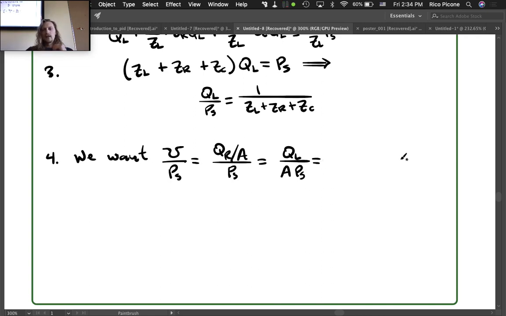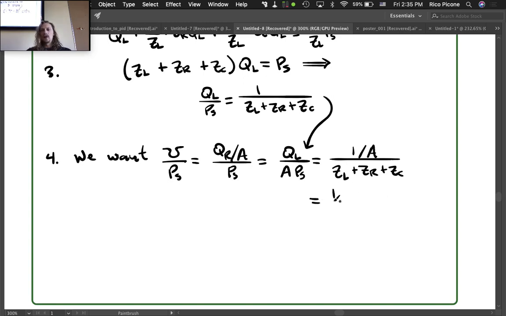And this from right here, we can just substitute that in, is the fraction 1 over A in the numerator, ZL plus ZR plus ZC. At this point, we should probably plug in ZL, ZR, and ZC.